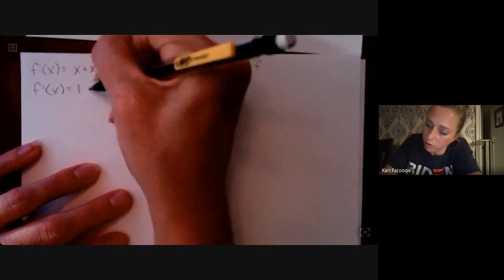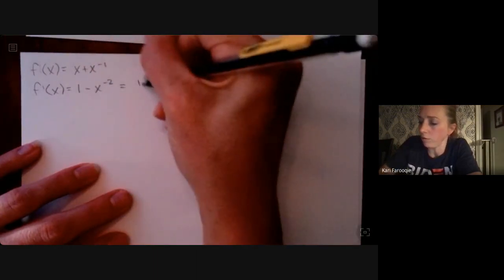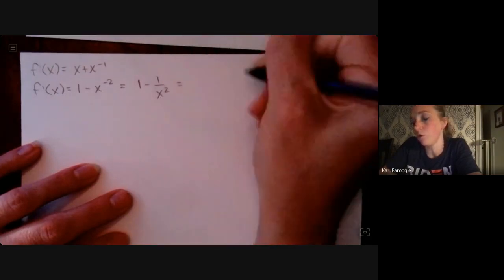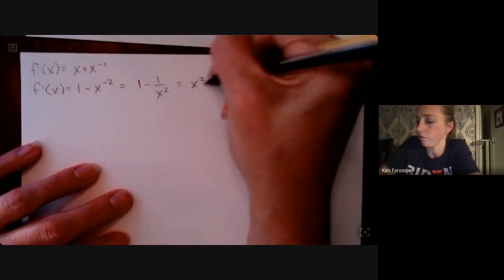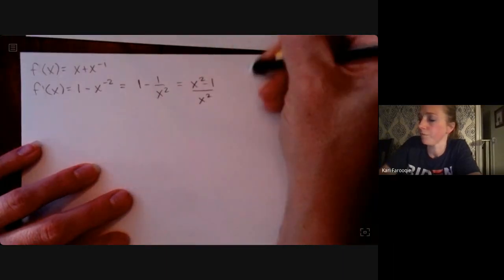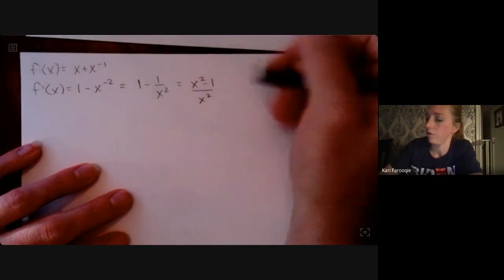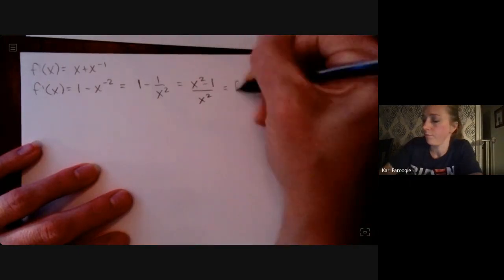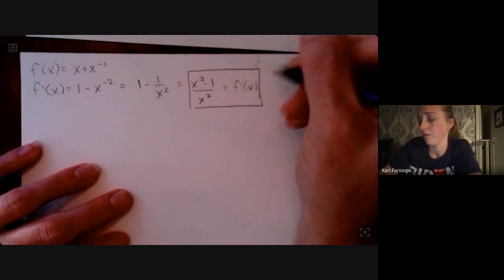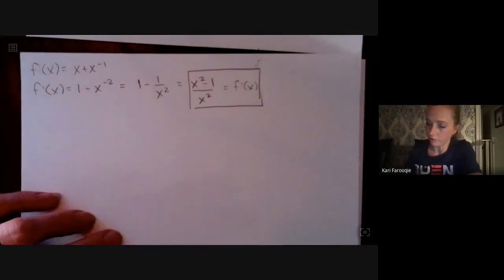So this will be 1 minus x to the negative second, which is 1 minus 1 over x squared. And if you want to rewrite this as a quotient, that's x squared minus 1 over x squared. And that's f prime. It's up to you what form you want to keep for entering this in your calculator and evaluating.